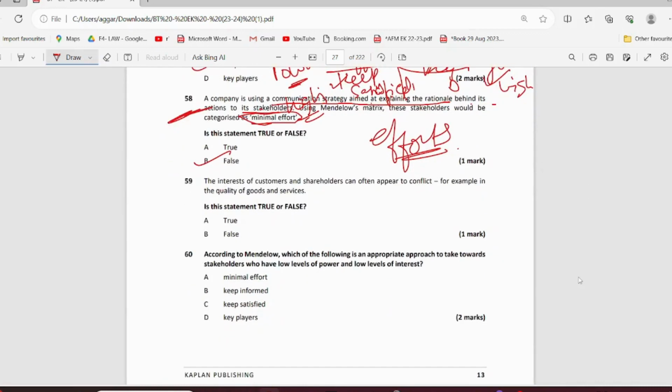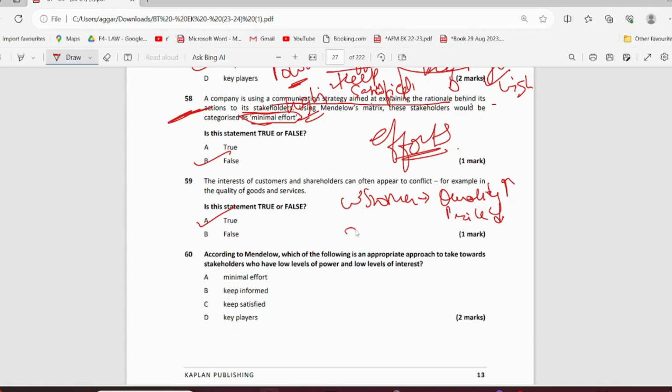The interest of customers and shareholders can often appear to conflict, of course, for example, in the quality of goods and services. For sure, this is a very true statement, right? Because of course if you are a customer, you will demand a product which has high quality but a low price. That will be the main agenda, that you get a very good quality product at a reasonable price.